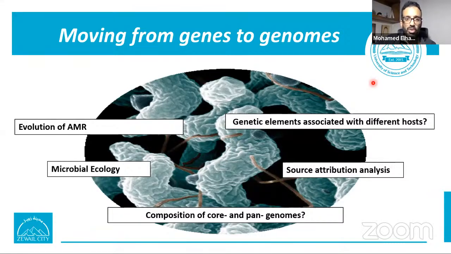So you can have an upscaling, from just 7 genes to hundreds, maybe thousands in some bugs, of core genes. It's an upscaling, and it also gives a better resolution and higher discrimination for the bacterial cluster. So these are the good insights in moving from microbial genetics to microbial genomics.